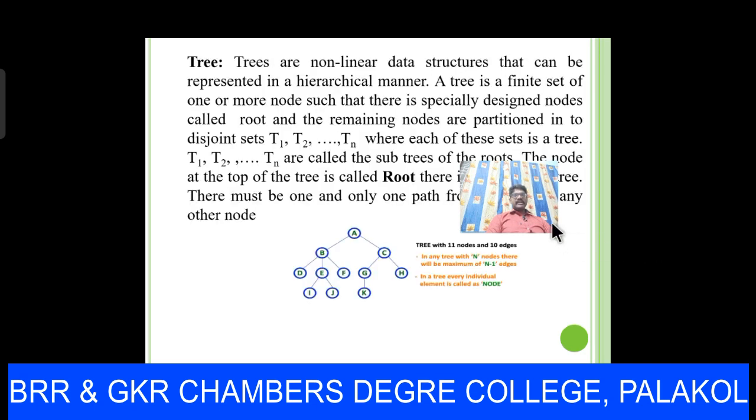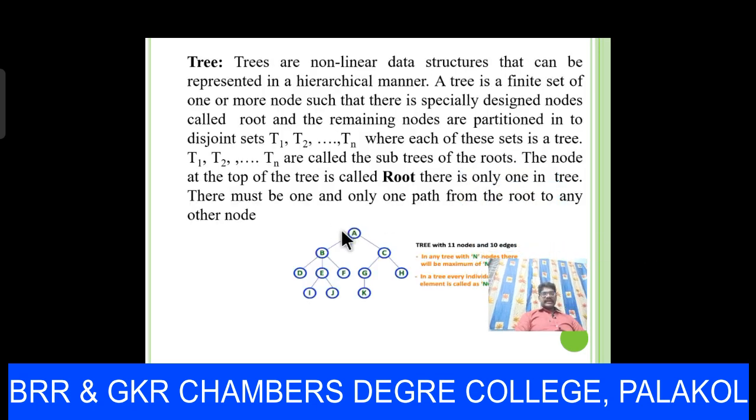So what is the meaning of a tree? A tree contains the root element. These are called the branches or subtrees or sub-elements. This is the root element. These three are the children of this root element, and these two are the children of this root element.